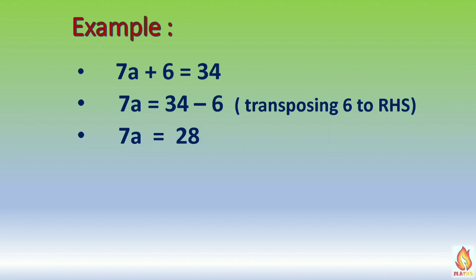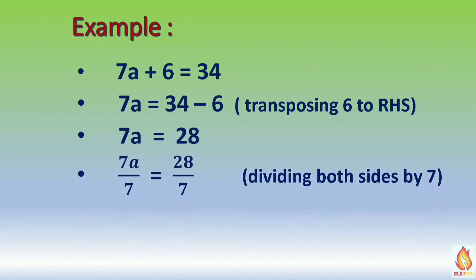Now 7a equals 28, that means 7 is unwanted here because 7 is a constant part, but we need only the variable part in LHS. So how to remove 7? If we divide LHS and also RHS by 7, then we get only the variable.